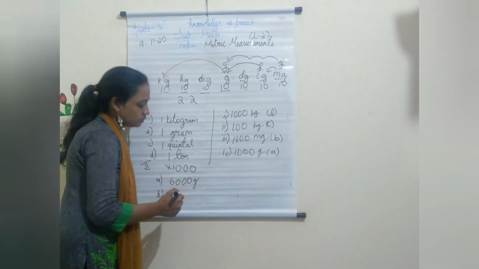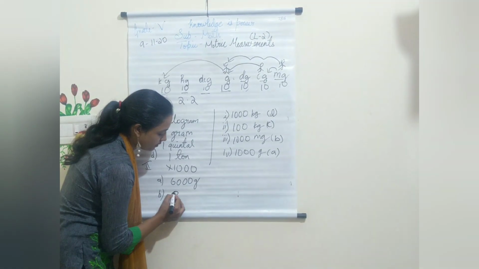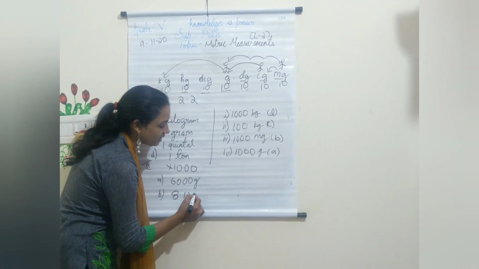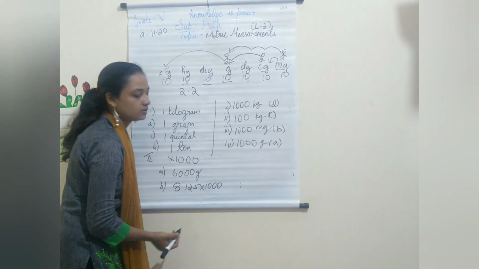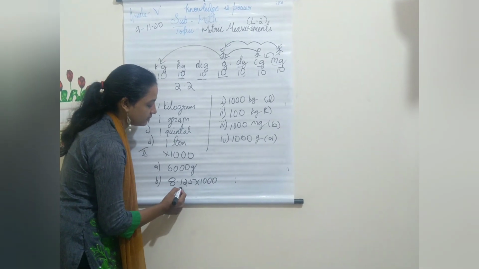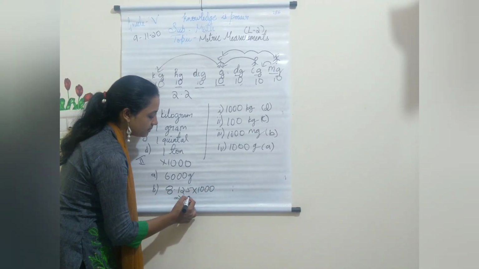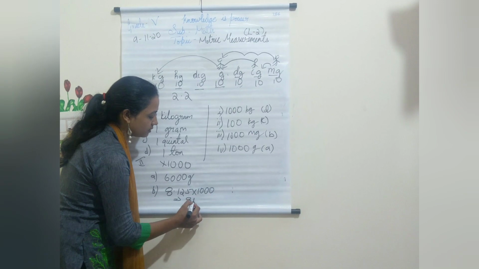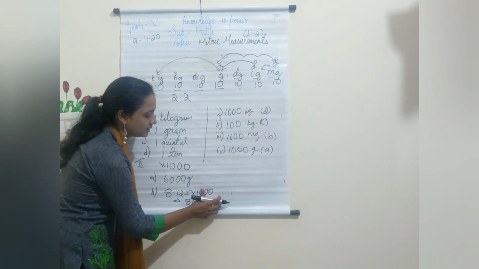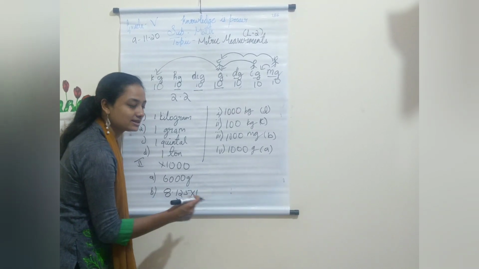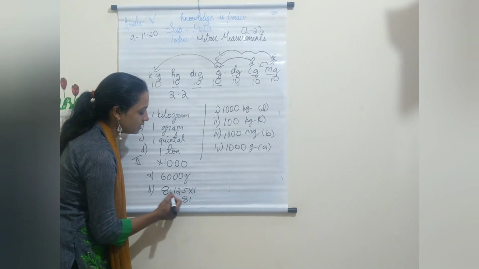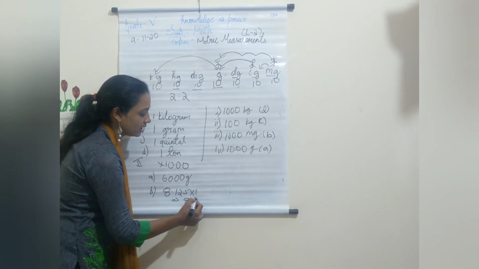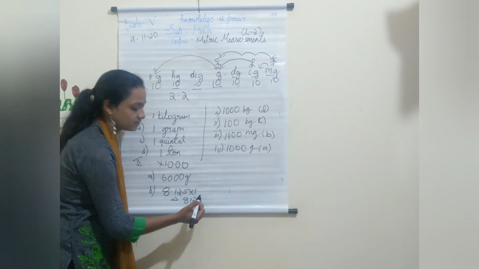B: 8.125 into 1000. What is the answer you get? First, write the number and multiply with 1. You are not going to consider the zeros now. The 3 zeros, let us consider later. So 1 into this you will get 8125. I will not write a decimal also now.